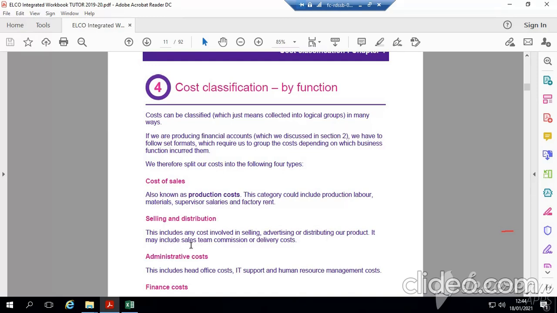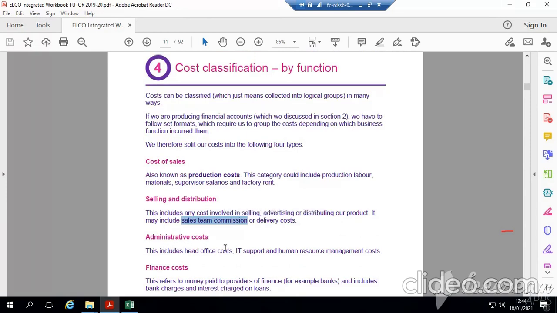Selling and distribution could include advertising. You need to do advertising if you want to sell particular units. Then distribution, including delivery cost, sales team commission and wages.